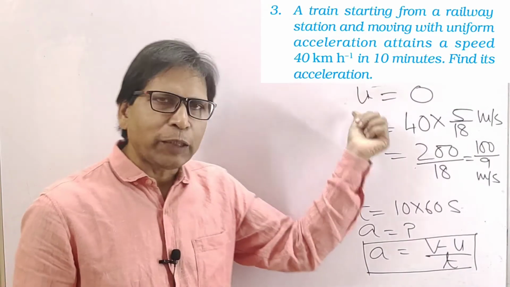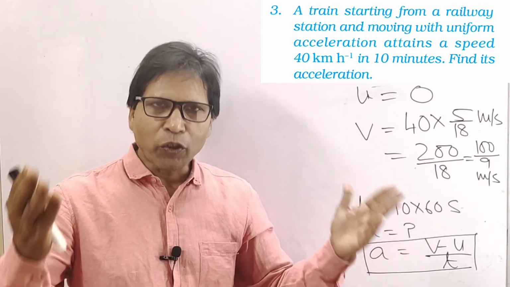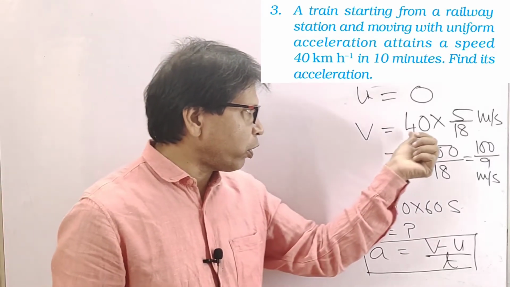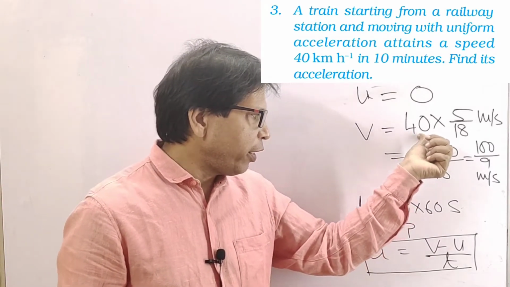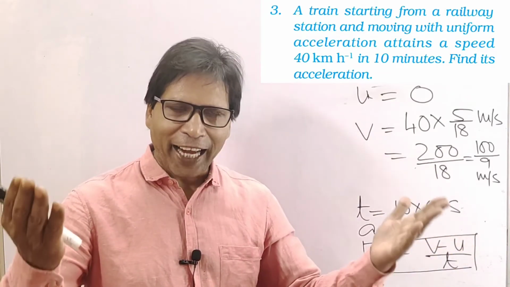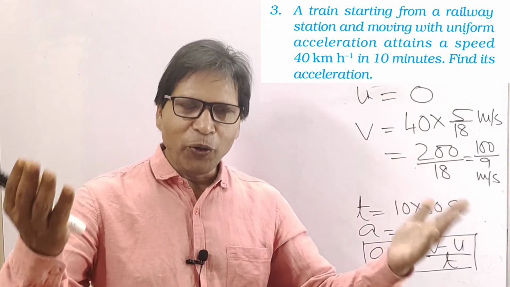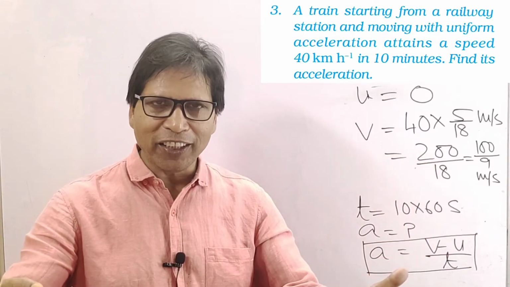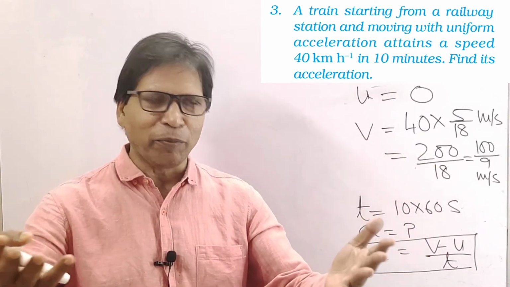A train starts from a station with constant acceleration, gains the velocity of 40 km per hour in 10 minutes. We have to calculate acceleration. We know acceleration is the rate of change of velocity with respect to time.